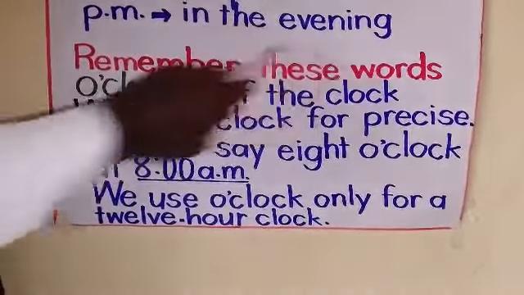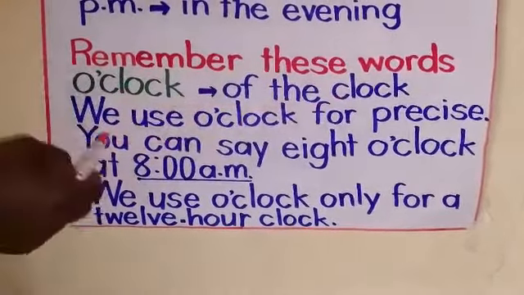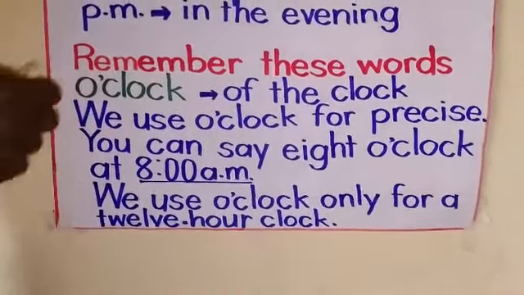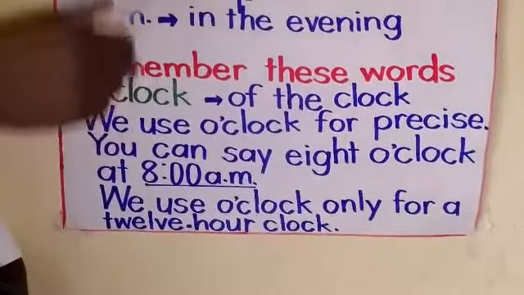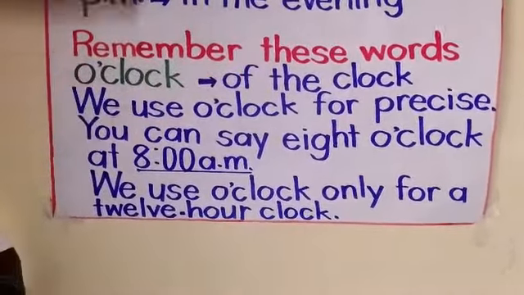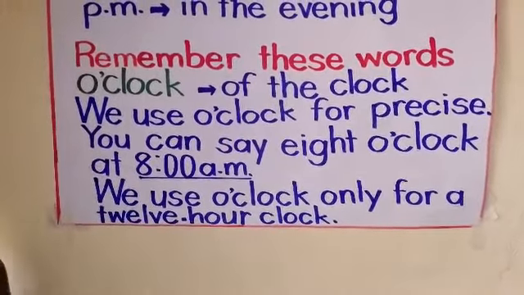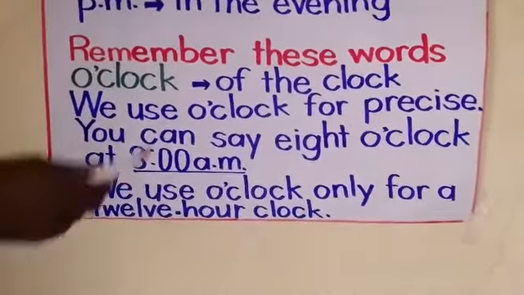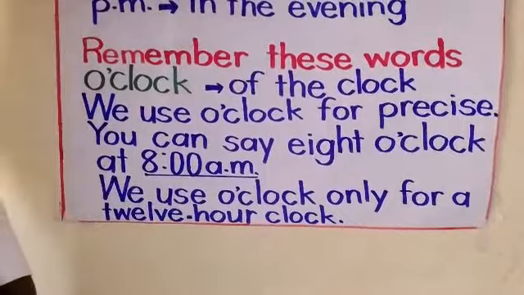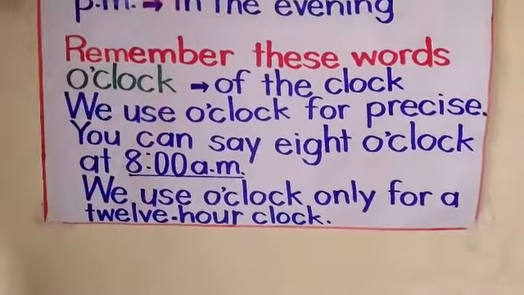We use o'clock for precise hours. You can say 8 o'clock. We use it only when no minute has passed in an hour. We use o'clock only for a 12-hour clock.